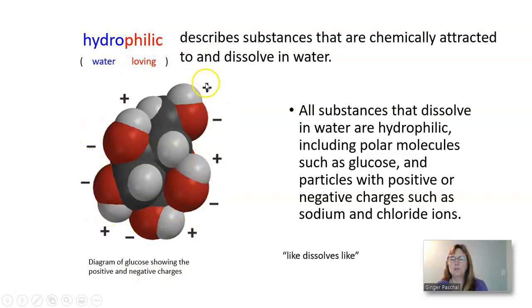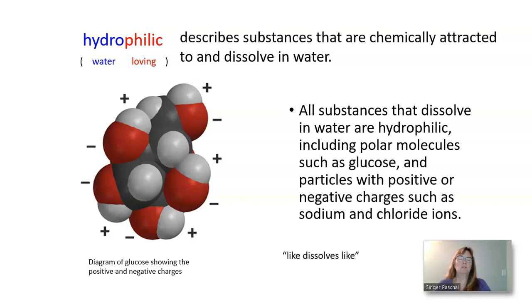All of these are partial charges because of an unequal sharing of electrons. Now, because there are all these partial positives and partial negatives all over the place, this molecule actually dissolves in water. When you add up all these positives and all these negatives, you'll notice that this molecule as a whole has no charge, but parts of it are partially positive and partially negative.